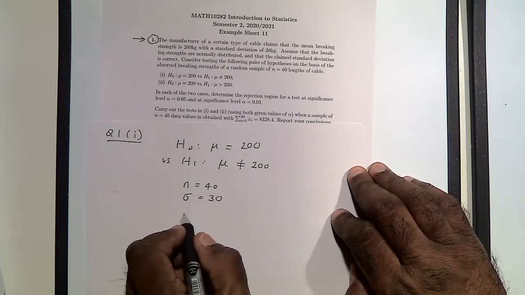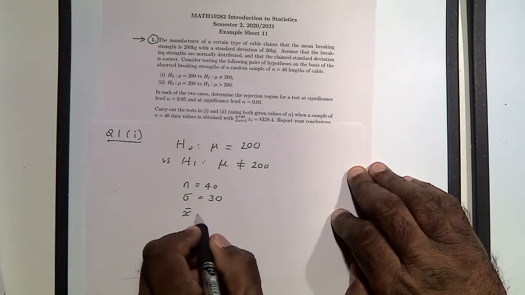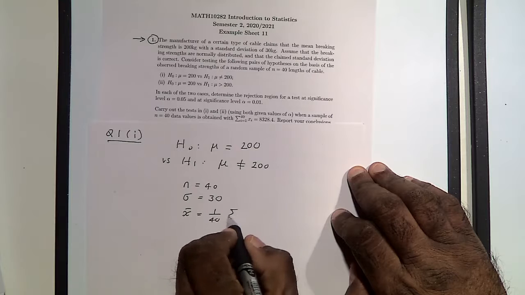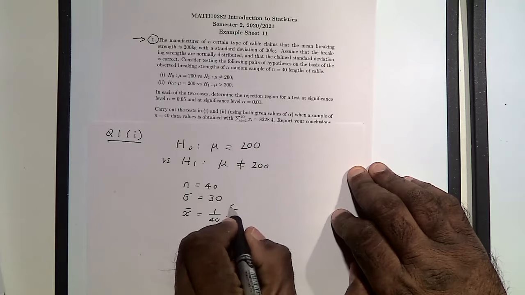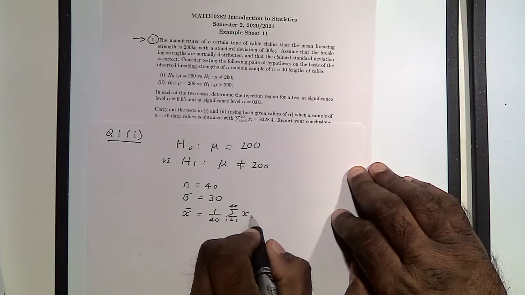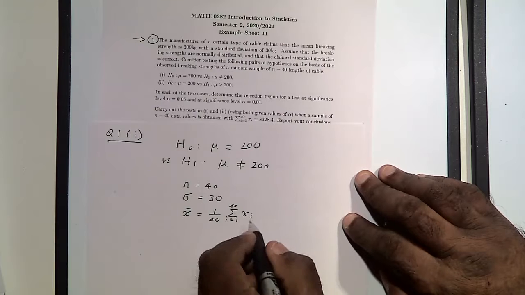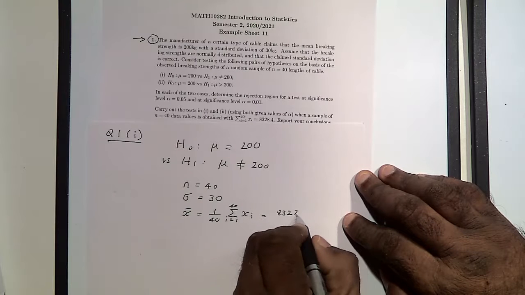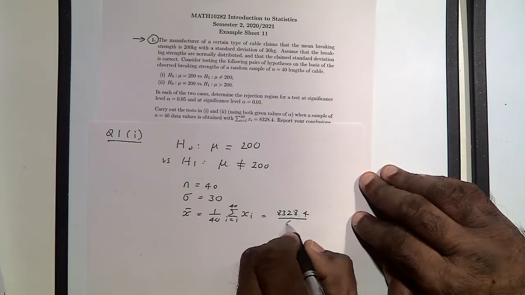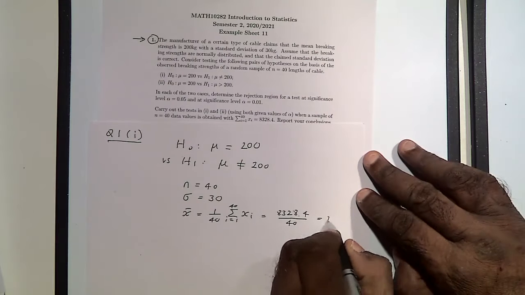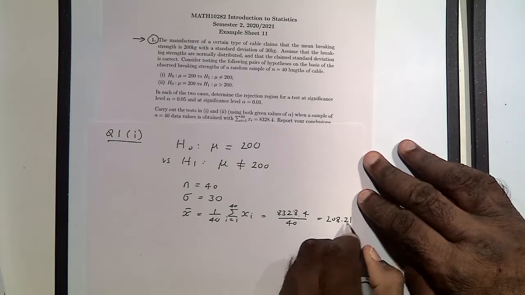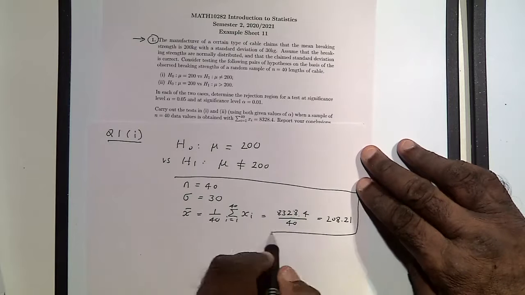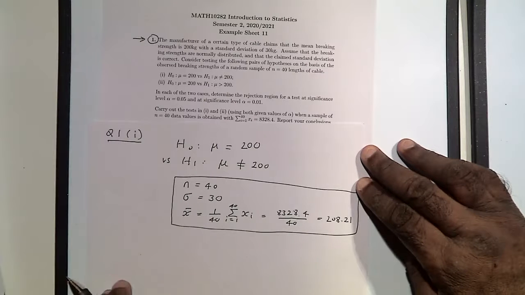And x bar is the sample mean, which is 8328.4 divided by 40, equal to 208.21. So this is all the info that's given to us in the question, right?